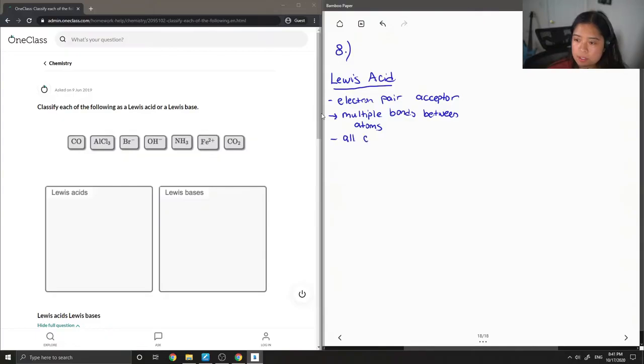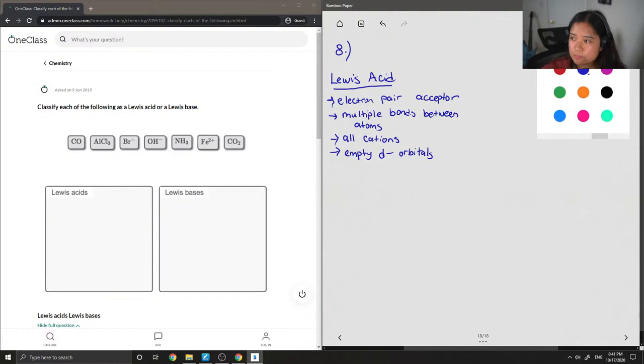Also, all positively charged ions are Lewis acids. And also, they tend to have empty d orbitals. That was not a straight line.